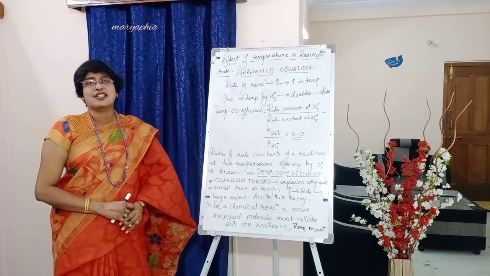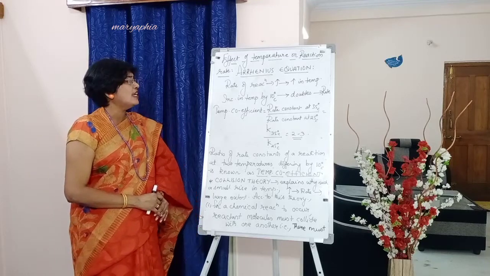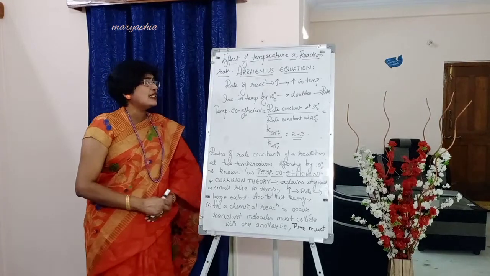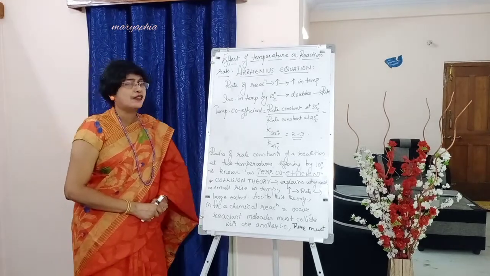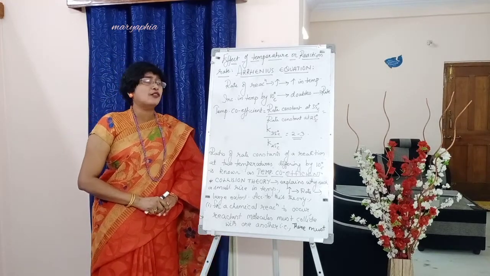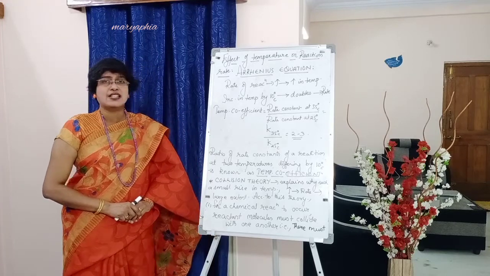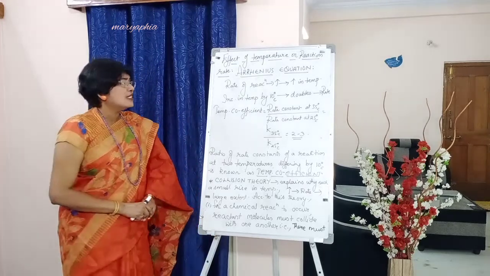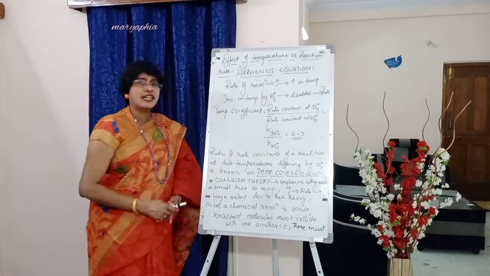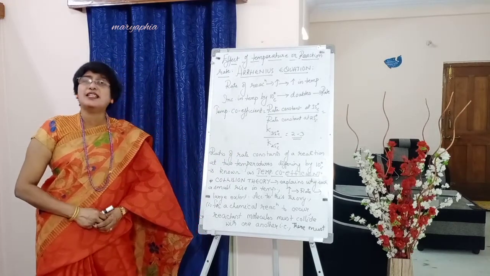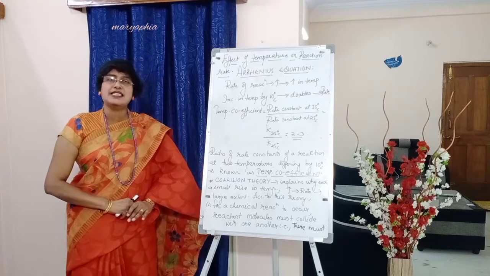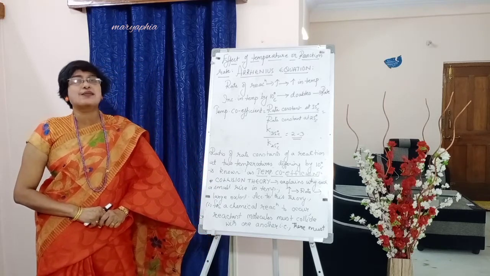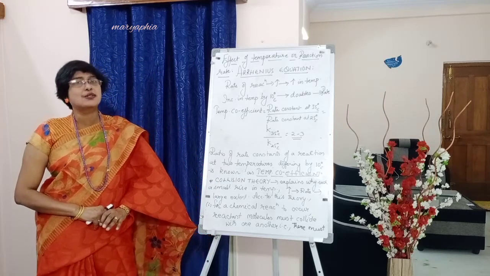as the temperature coefficient. Okay, so write down below: temperature coefficient is equal to rate constant at 35 degrees centigrade by rate constant at 25 degrees centigrade. Simply you can write it like this: rate constant, generally we denote it with the letter K, K at 35 degrees and K at 25 degrees centigrade. The value which we get will be almost 2 to 3.